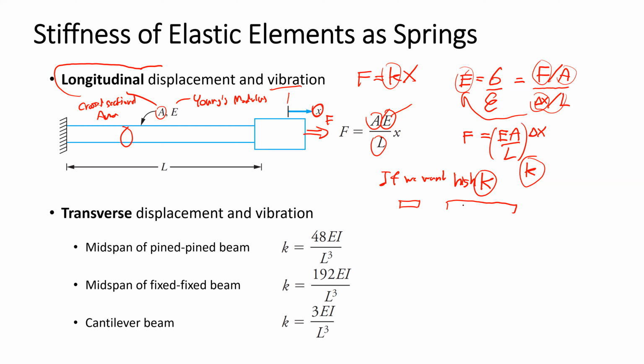Short, right? Yes, correct. If we have a short material, it's difficult to extend it. If it's long and has the same Young modulus and same area, it's easy to have the delta X with the same magnitude of force.